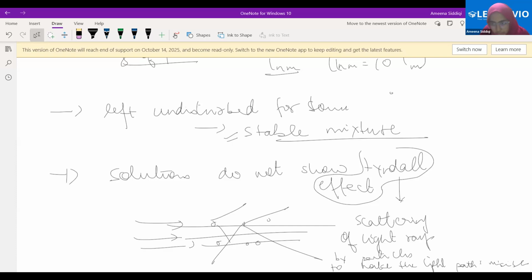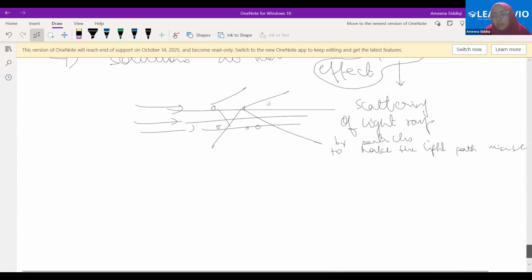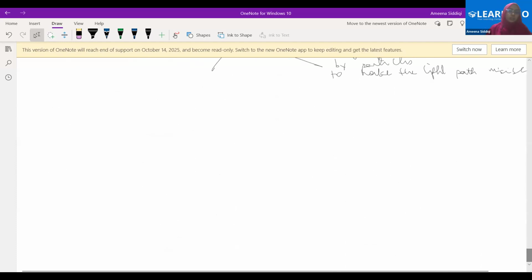Will the path of the light be visible? Yes or no? Ammar? Lokia? No.